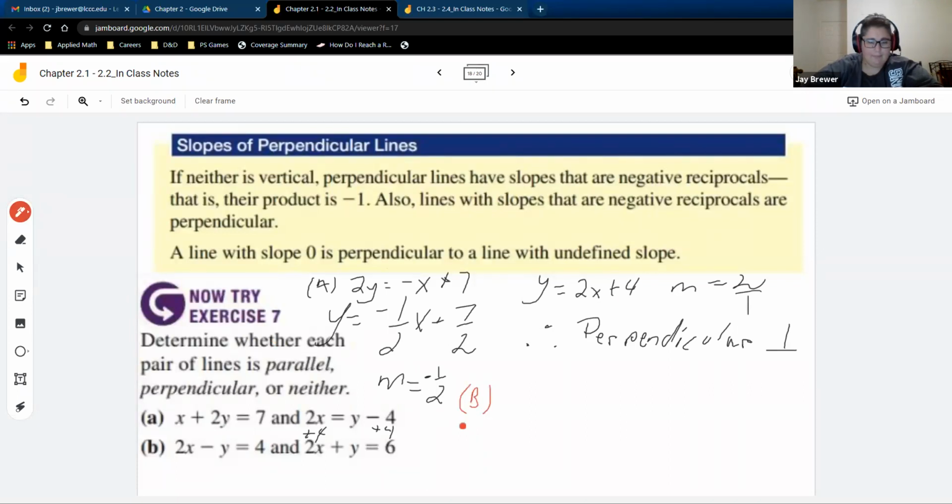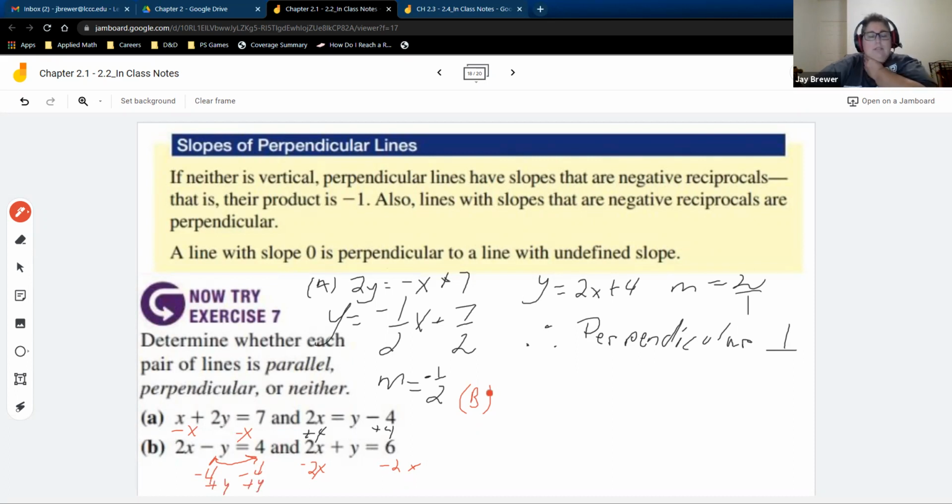B. Let's move the 2x from here. And here we just move the x, just so you guys, if you need it, you can see it. So for this one, I'm going to swap places with the 4 and the y, and those will change signs, but we're essentially subtracting 4 on both sides and adding y on both sides.